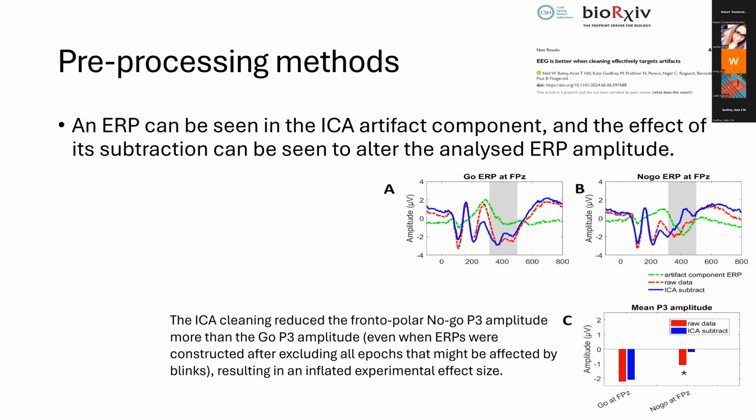So you can see that in figure C down the bottom right there. On the left-hand side is the go mean amplitude for the P3 ERPs, and on the right-hand side the no-go ERPs. In red is the raw data where there's a small difference, but a much larger difference for the ICA subtract analysis.